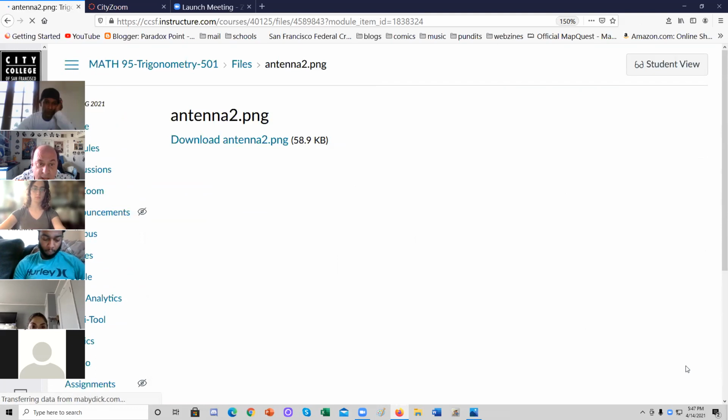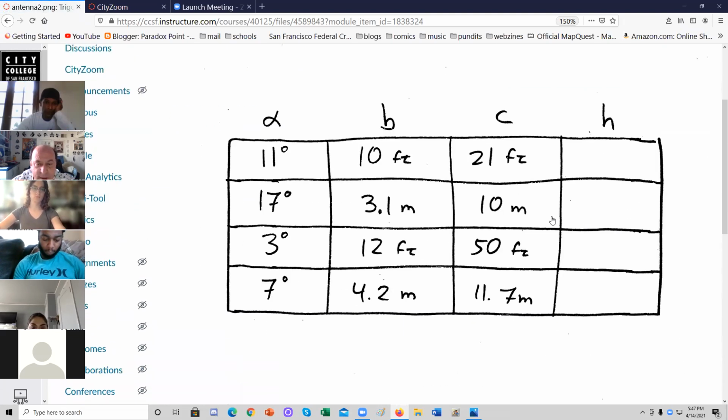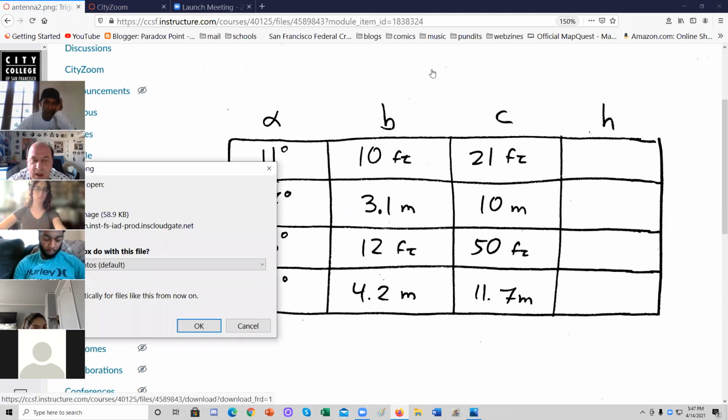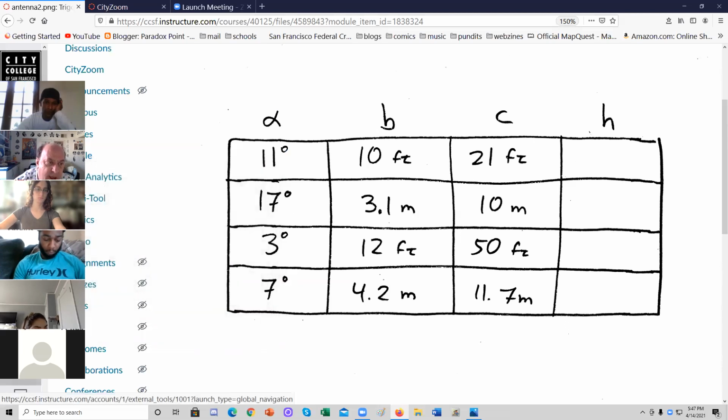Now, in short, here are some values for alpha, B, and C: 11 degrees, 10 feet, 21 feet; 17 degrees, 3.1 meters, 10 meters; 3 degrees, 12 feet, 50 feet; and 7 degrees, 40.2 meters, 11.7 meters, and so on.